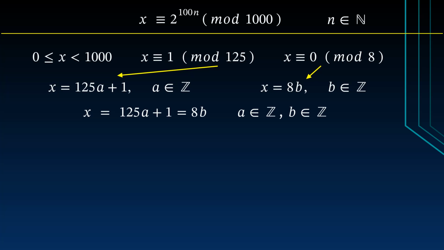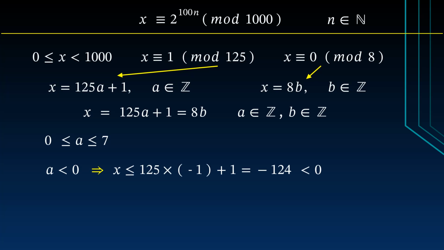This is a Diophantine equation that can be solved in a standard way. But since we only need non-negative values of x less than 1000, we can just try all possible values of a. Firstly, we observe that a must be in the range from 0 to 7.